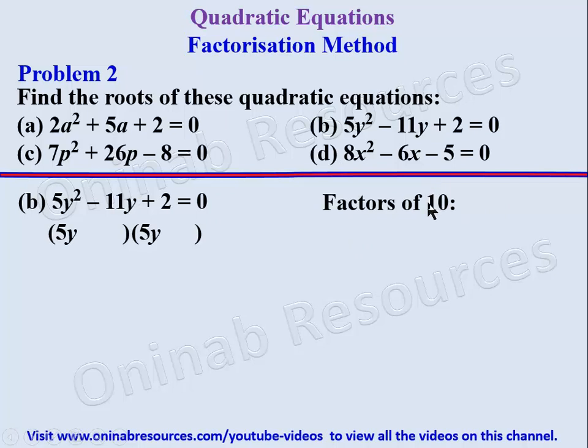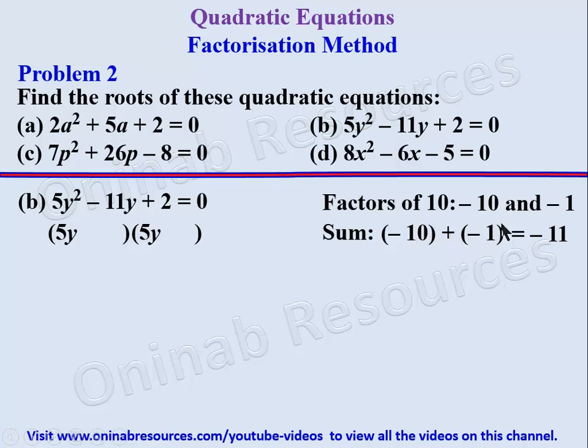Since the product of the numbers we are looking for is positive and the sum we are looking for is negative, the two factors are going to be negative. So if we start immediately from 10 and 1, we attach negative to both of them, so we have negative 10 and negative 1, so that the sum will be negative 11.